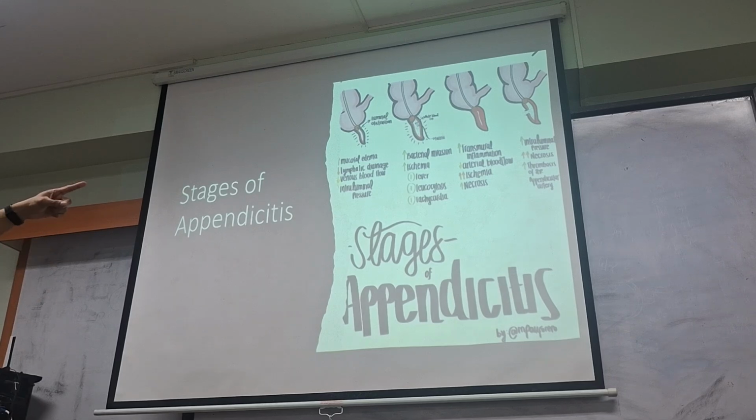And later, continuous accumulation of edema is going to lead to accumulation of fluid inside and bacterial overgrowth. So then you are going to see suppuration. With that continuing, the pressure gets so high that the arterial blood supply gets impeded. Then you will have gangrene, and later gangrene would result in a rupture. Okay, so that's how appendicitis happens.